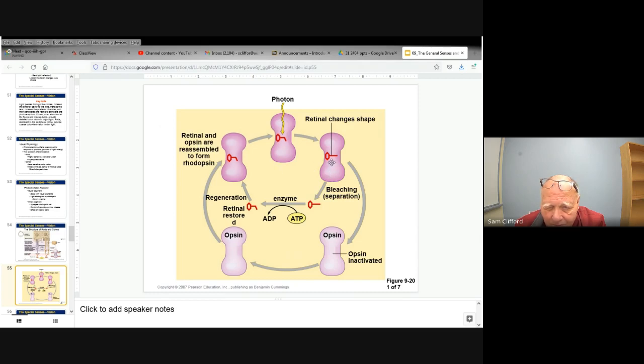When this retinal rhodopsin is exposed to light, it changes its shape, and that causes the release of energy and the stimulation of the rods and cones to send messages to the visual cortex, and then rhodopsin is regenerated, and it's amazing. Everybody knows that bright light can bleach out your awareness of the visual environment.